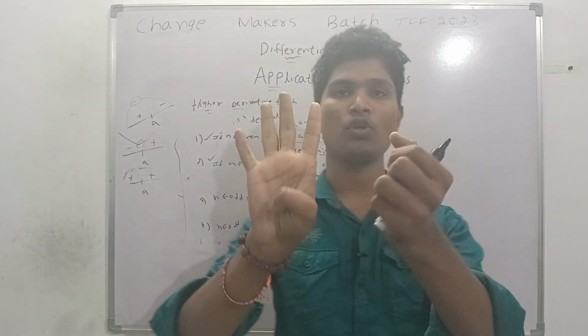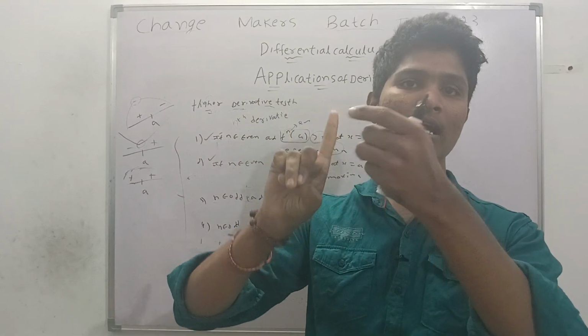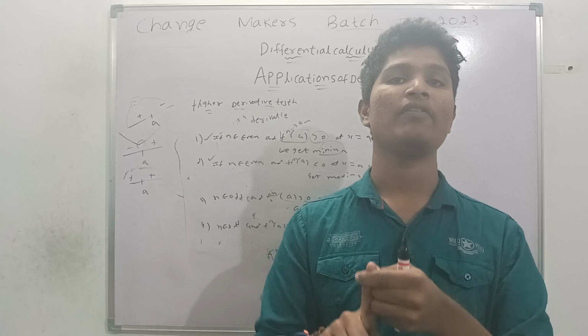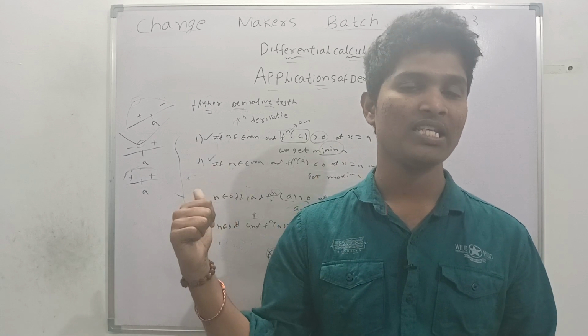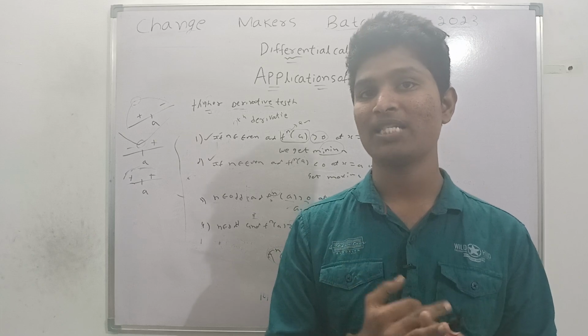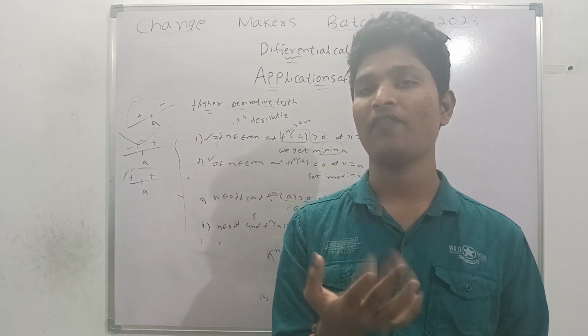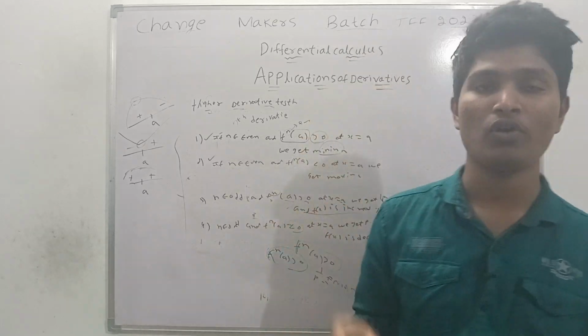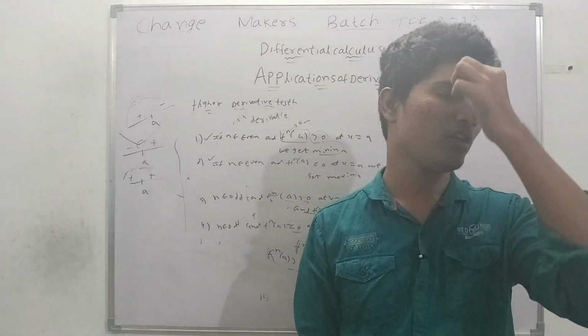So basically four things you have to remember. The first is the nth derivative test is used when the second derivative test fails. In this nth derivative test, there are two types: n is even and n is odd. If n is even, you get minima and maxima. If the nth derivative of A is greater than 0, you will get minima, and if the nth derivative of A is less than 0, you will get maxima.